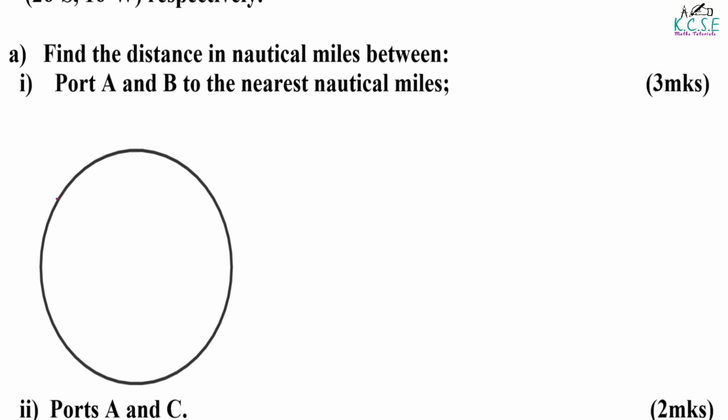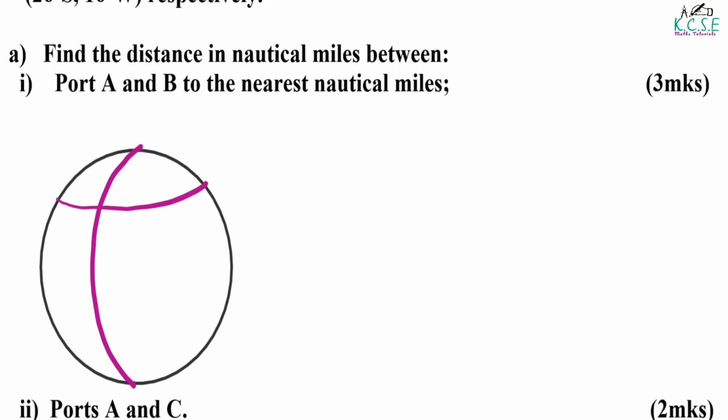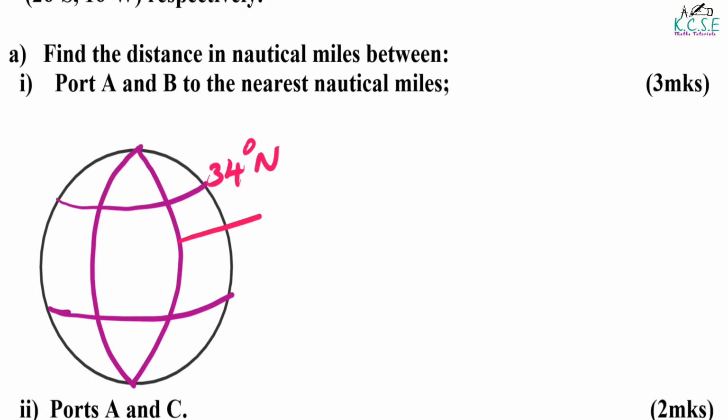So we want to put these 34 degrees, then you can indicate, so this is 34 degrees north, and then this meridian is 24 degrees east.